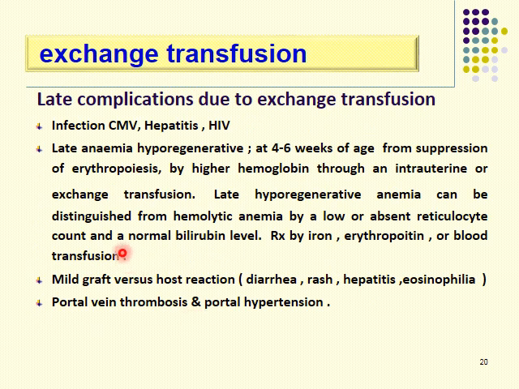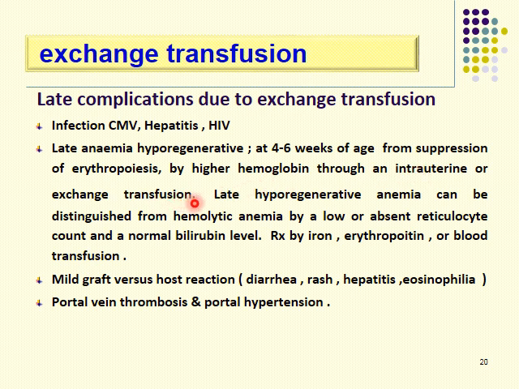Late complications due to exchange transfusion may be infection by cytomegalovirus, hepatitis, HIV, and so on. Late hyporegenerative anemia, which occurs at 4 to 6 weeks of age because of suppression of erythropoiesis by higher hemoglobin through intrauterine or exchange transfusion.